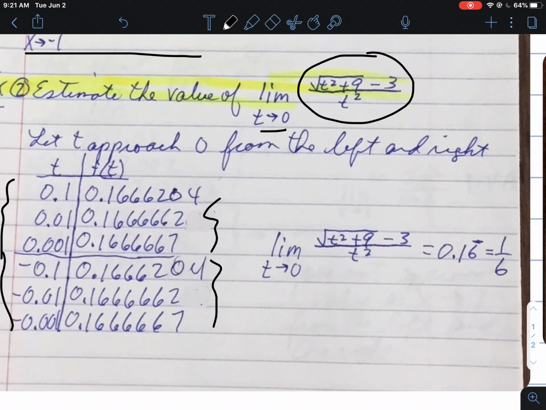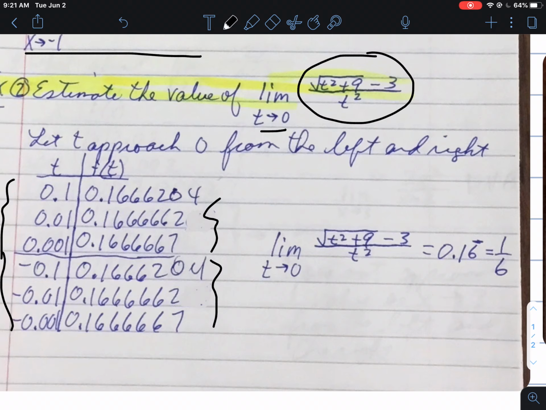So I need to plug in values for x, or in this case, values for t, until I can clearly make an observation as far as what the function values are doing. Right? And if it still wasn't clear, then I would have to go further. I would have to go say 0.0001, or however many zeros you need to plug into that thing, until you can make a clear observation.